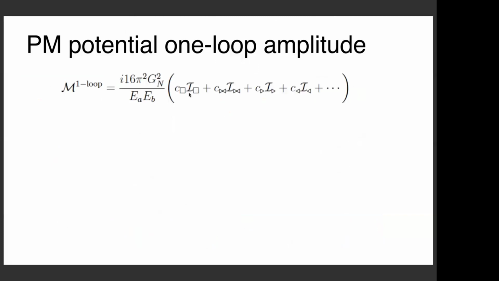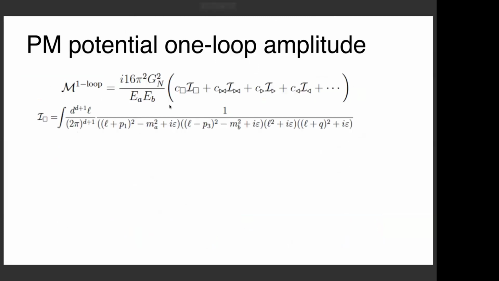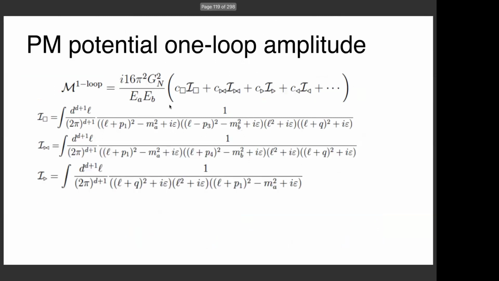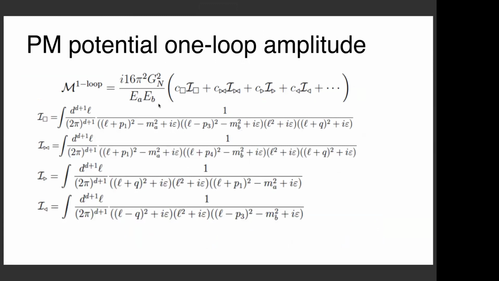So what we have to understand here is how these box coefficients play a role in the amplitude and how they, for instance, disappear from the potential, the gravitational potential.